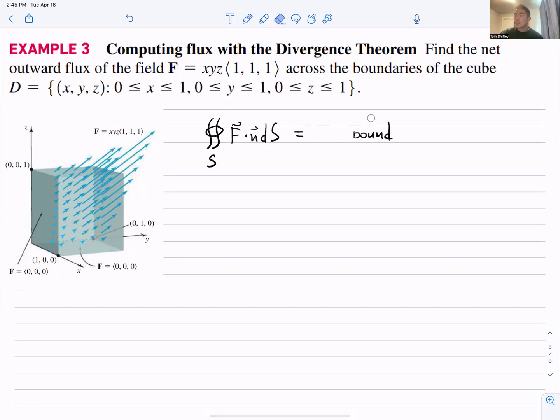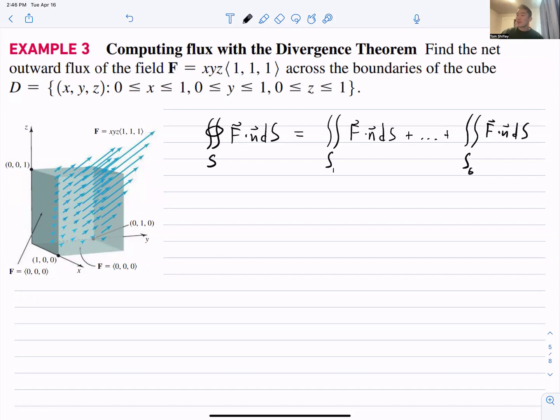I'd have to compute the double integral over S1 of f dot n dS plus dot dot dot plus the double integral over S6 of f dot n dS.